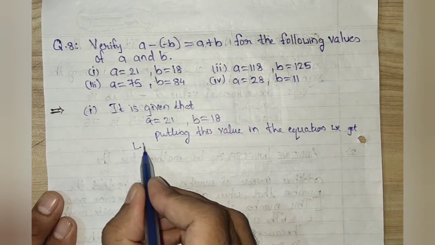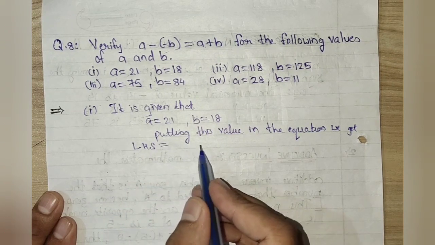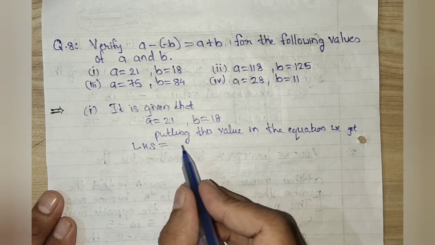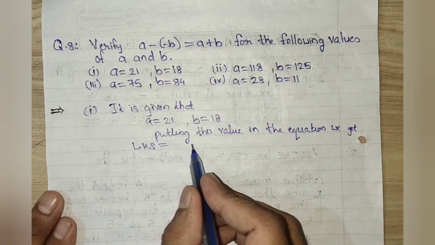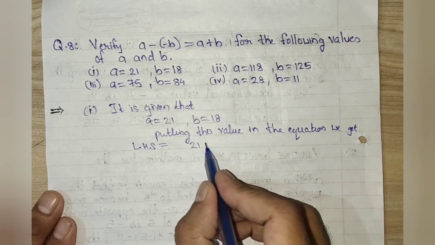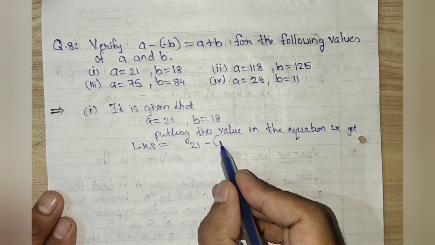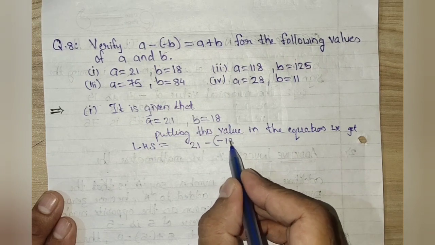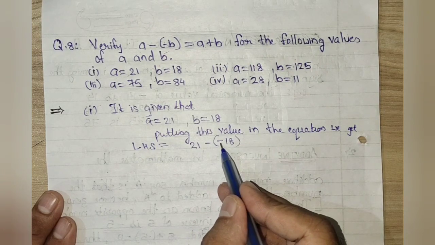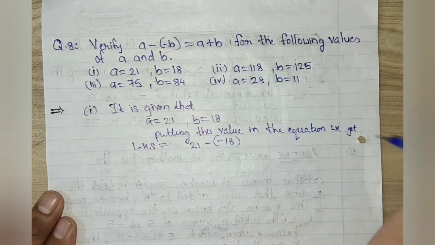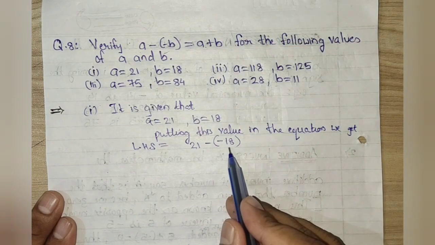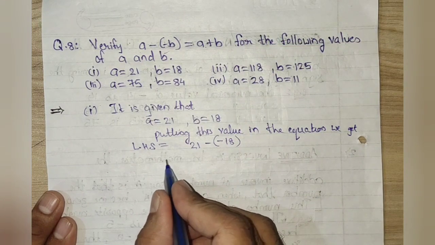Let me write LHS first. LHS means left hand side. Value of a is 21 minus, value of b is 18. I am putting minus because of the question. Value of b is only 18.